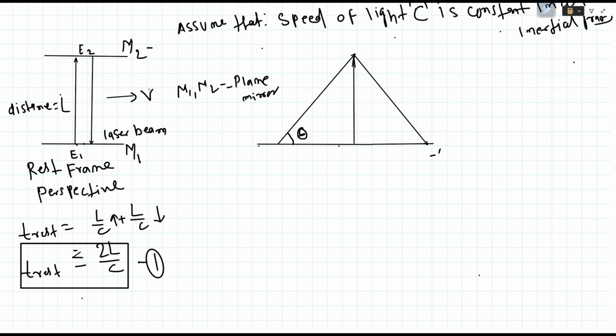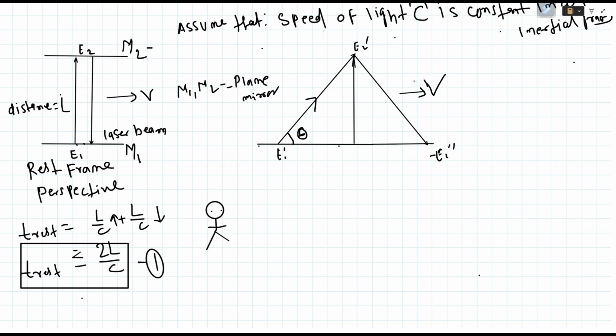A person standing here will observe that as it moves, the positions are E1 prime, then E1 double prime, and this is E2 prime. The person will see that the light goes at an angle theta, while the setup moves with velocity v.